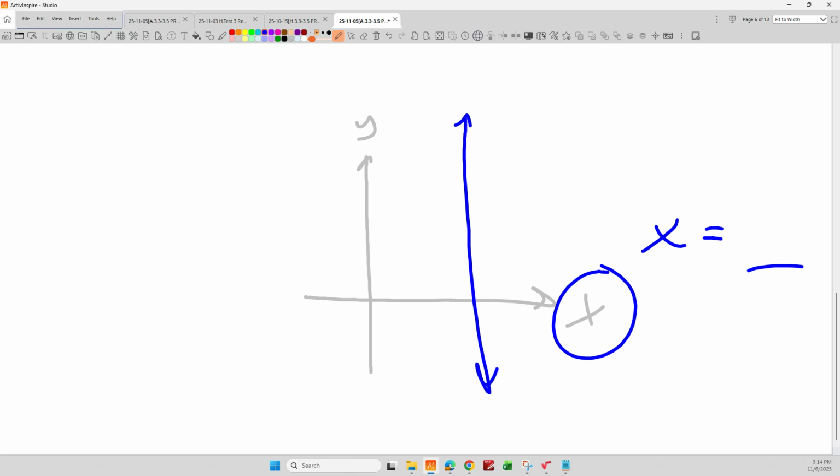A horizontal line cuts through which axis? The y-axis. It's parallel to the x, but it cuts through the y. So this one is going to be a y equals a number equation. How do we get the numbers? They're just going to be the y-coordinate of every point on the horizontal line, or the x-coordinate of every point on the vertical line.